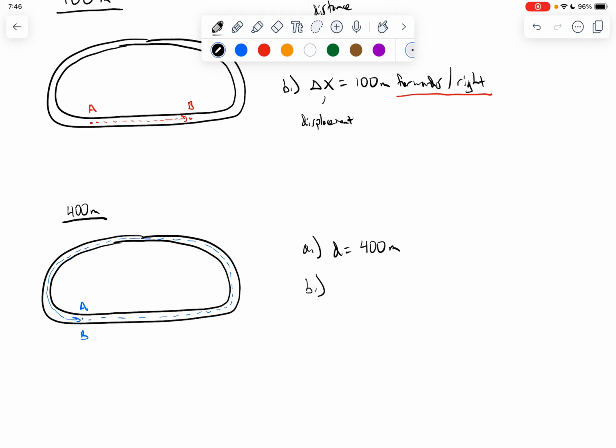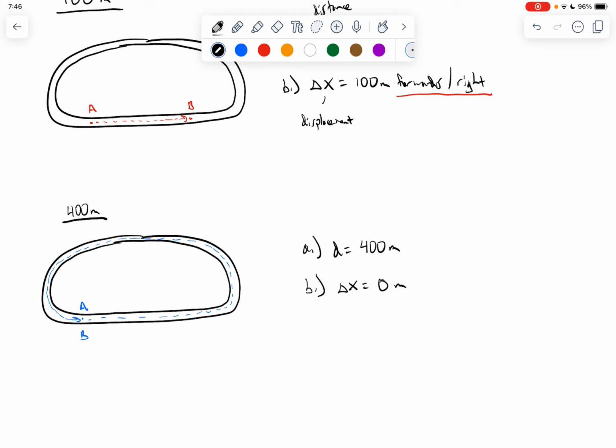The really interesting thing, though, is when we think about our displacement. Displacement is always showing us the difference between our starting point and our ending point. But in this case, the starting line and the finish line are the exact same. So we have no overall change in our position throughout the 400-meter race.